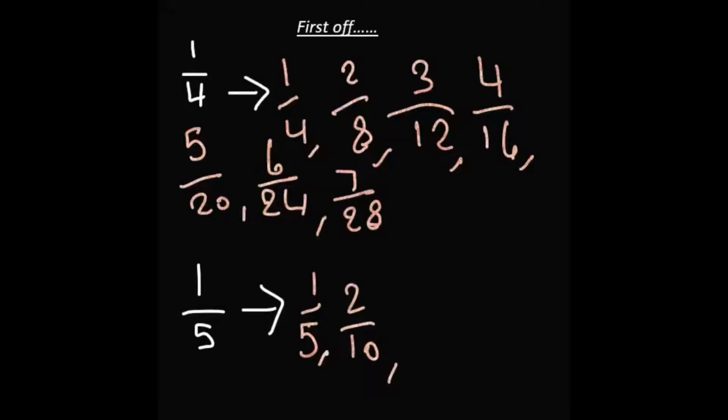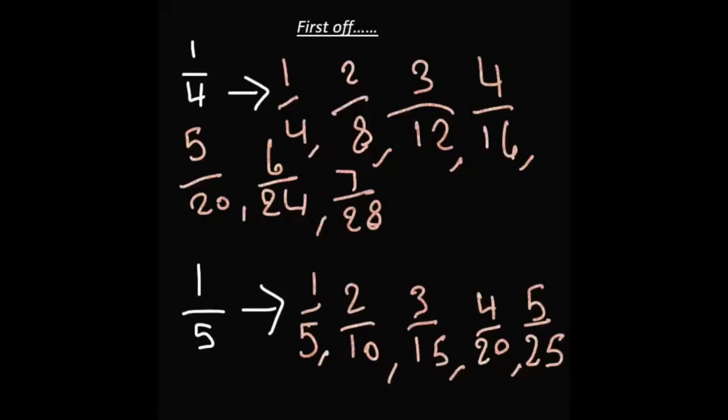Now it's 5 times 3, which is 15. 3 times 1 is 3. Next we have times 4. 5 times 4 is 20. And 4 times 1 is 4. Next we have 5. 5 times 5 is 25. 5 times 1 is 5.